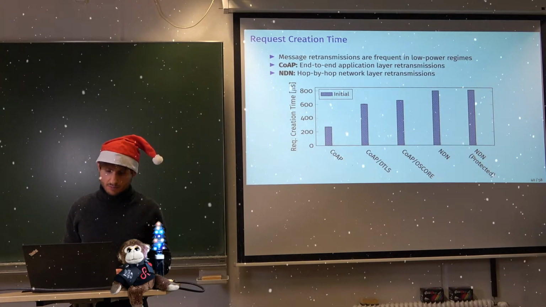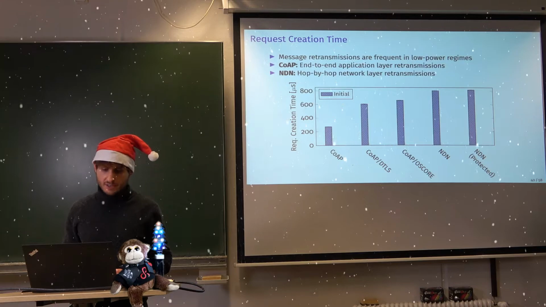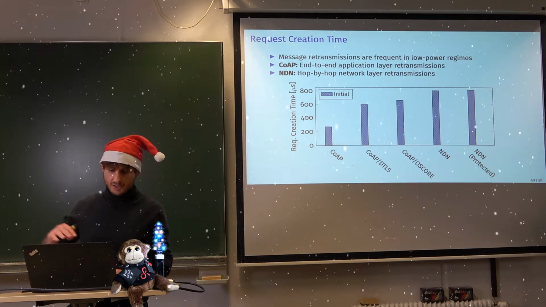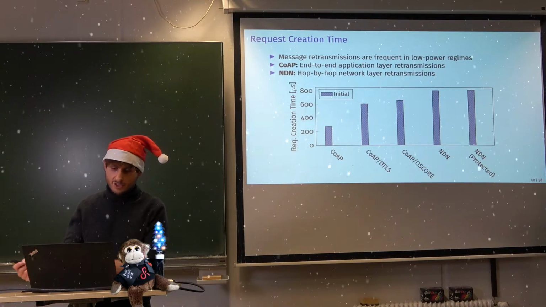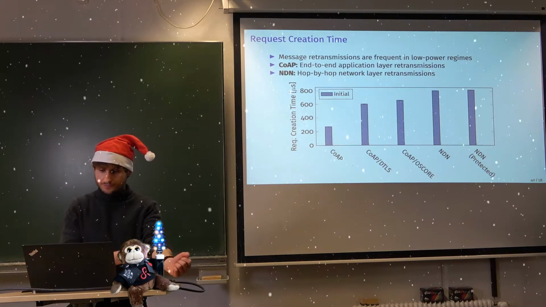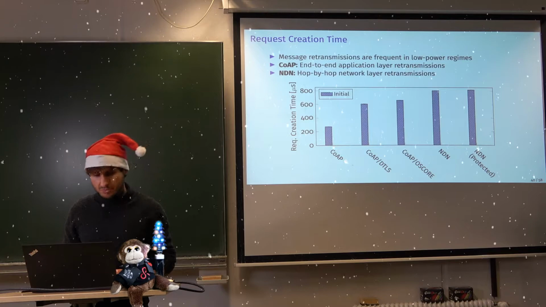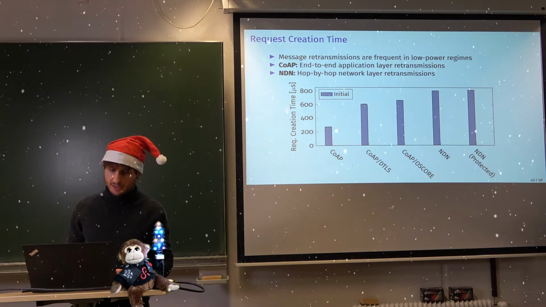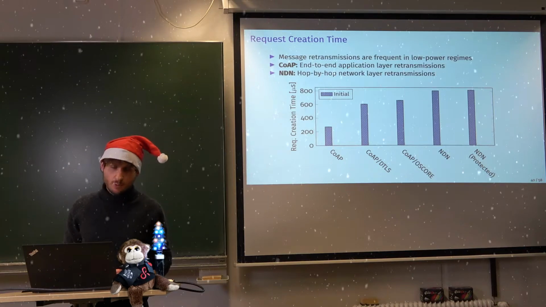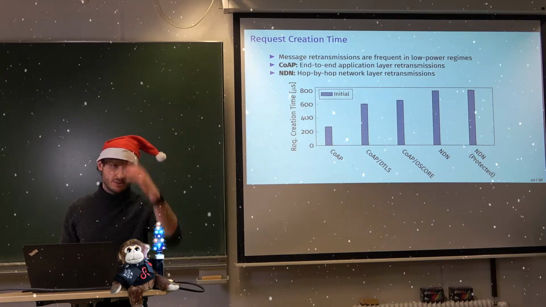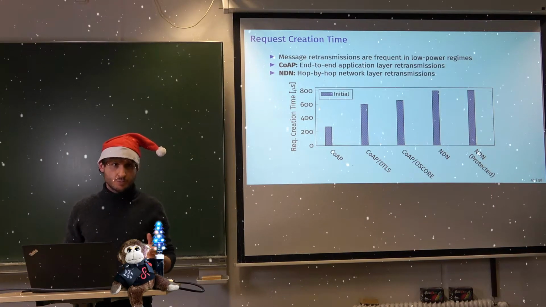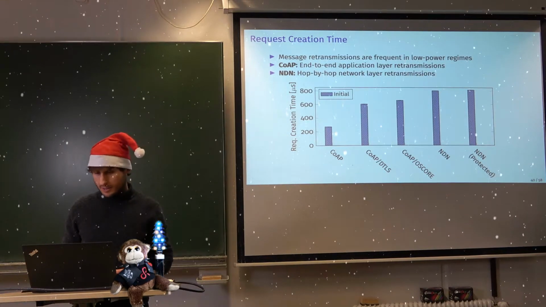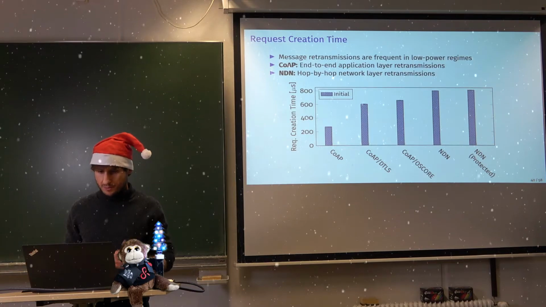CoAP has almost 200 microseconds for creating the request, and we can see it only increases if we add more protocol features, so DTLS and OSCORE. And NDN unprotected is kind of slow. It's still microseconds, so everything is very fast here. But this is more due to how the protocol is handled, and the packet structures are much more different, which leads to these numbers.